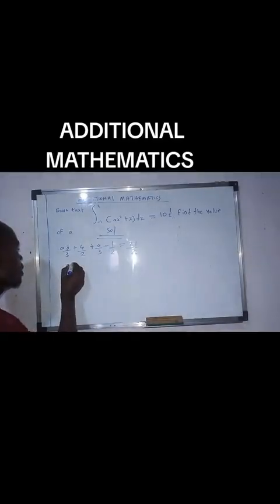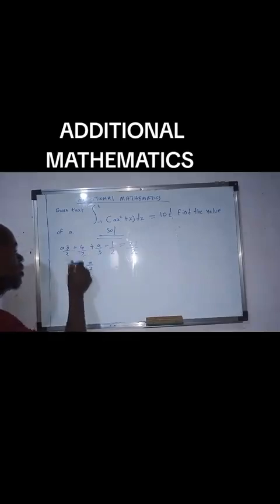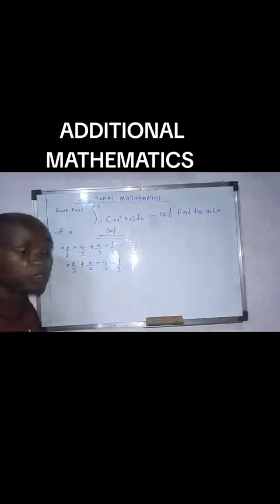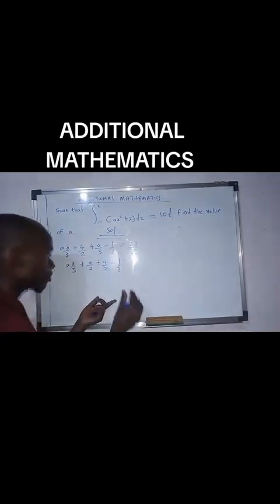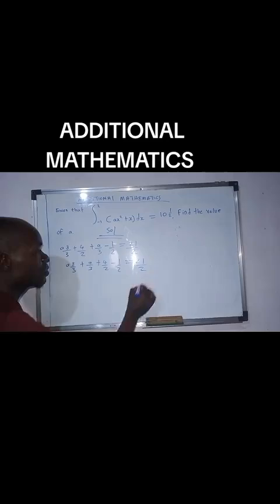I have 8a over 3, then positive a over 3, you see that? Then here there is positive 4 over 2 minus 1 over 2. So you just put the rational numbers together, or the fractions in short. Then you have 21 over 2.